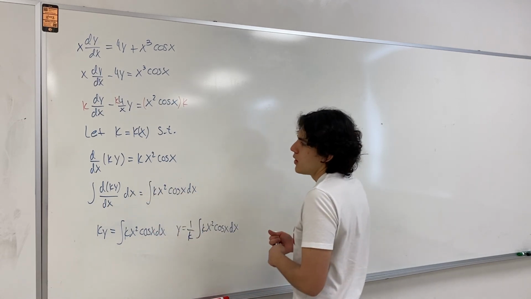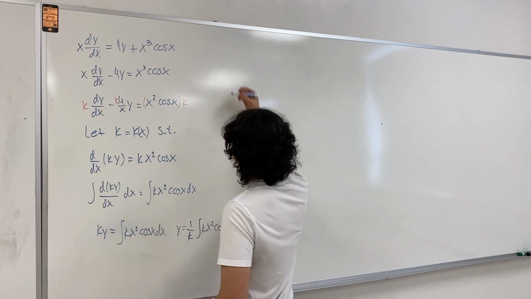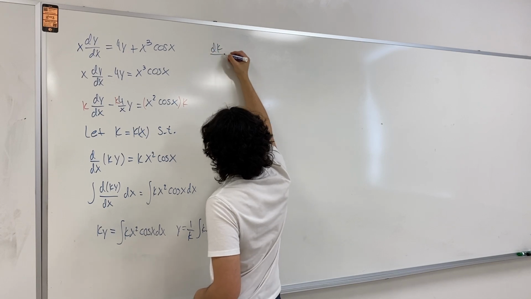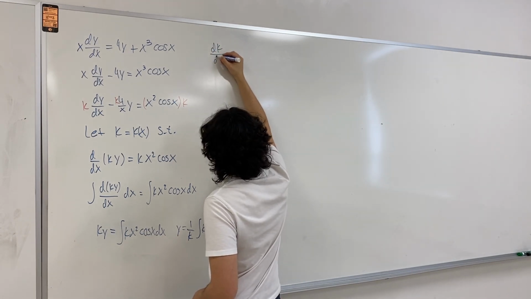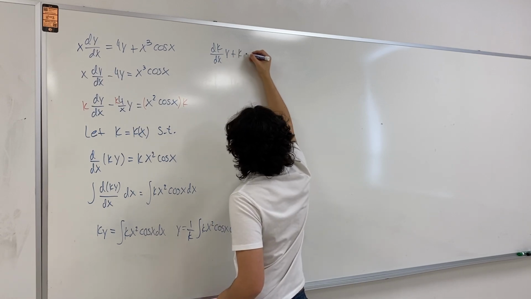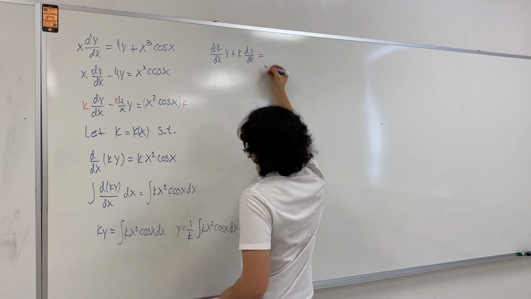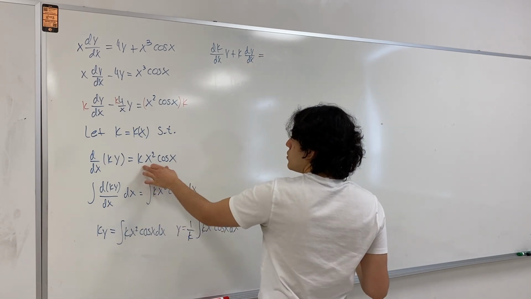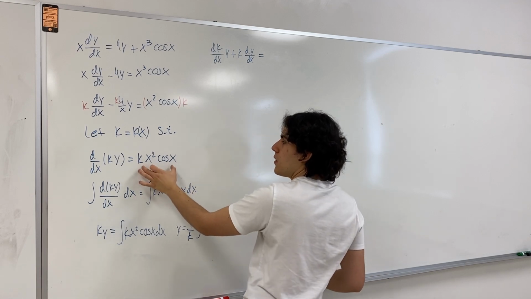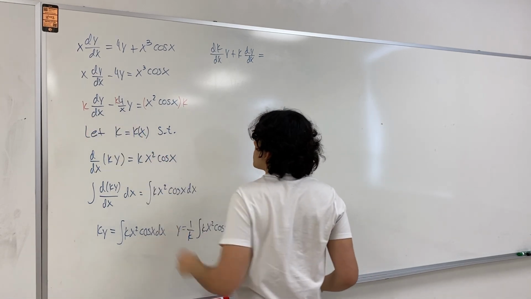Let me show you. We're going to continue and differentiate this part. Now, if we differentiate that using the product rule, we're going to have dk/dx times y plus k dy/dx, and we know this is equal to kx squared cosine x. However, we know this expression is also equal to the left-hand side of our differential equation.